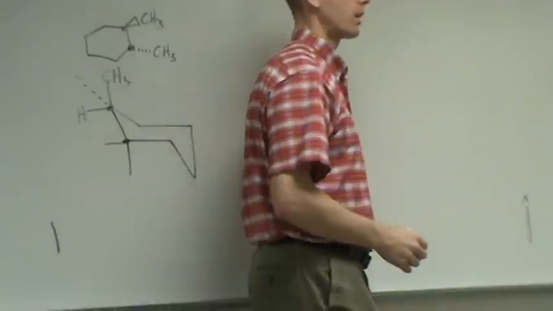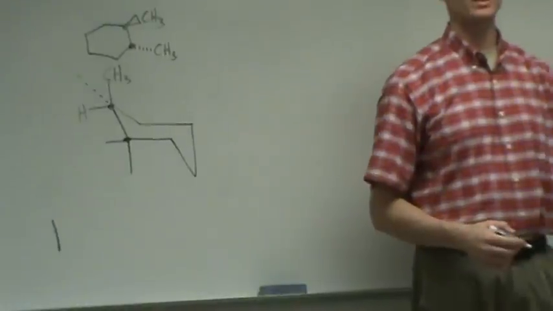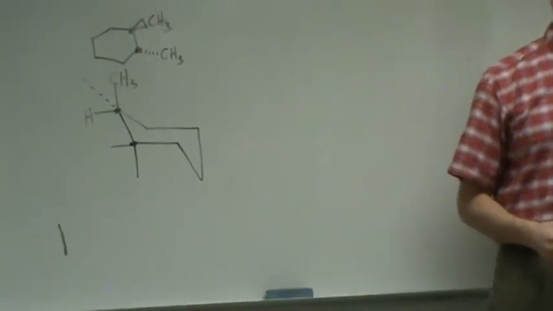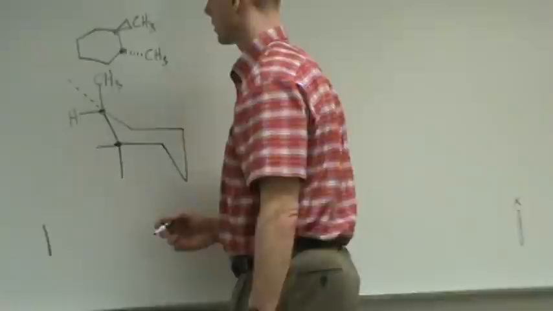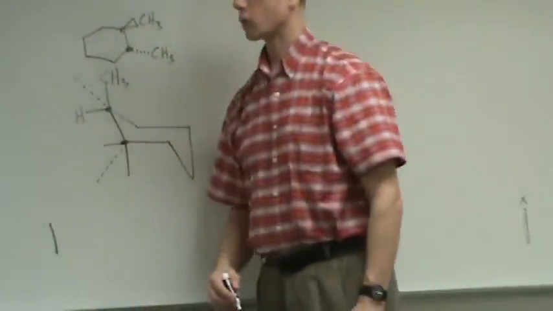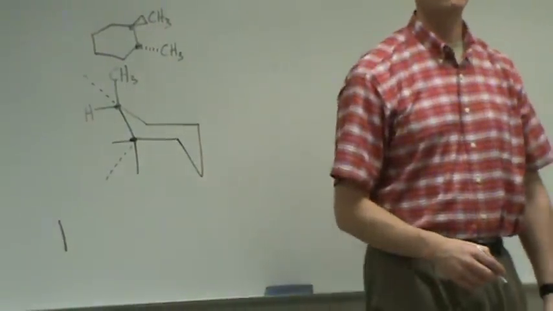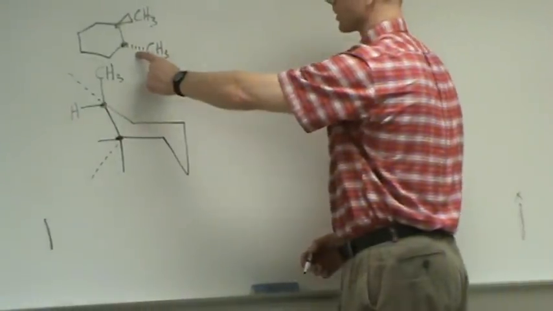Come back to our imaginary line. What side of that imaginary line is the CH3 on? Top. Okay, pretty easy. There's my imaginary line down there. What side do I want to put the other one on? The top. The bottom, the opposite.